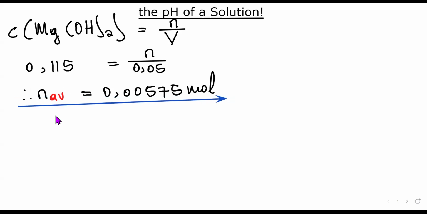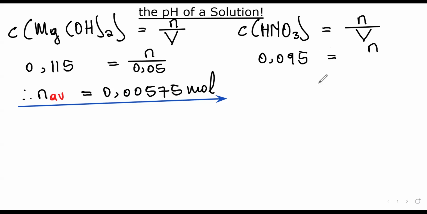Now we come back and find the number of moles of nitric acid, because we understand that we can use them to find the moles of magnesium hydroxide. And since, once again, for this nitric acid, we are given the concentration and the volume, so it makes perfect sense for us to define the concentration of that solution. And the concentration of the acid here is given to us as 0.095.